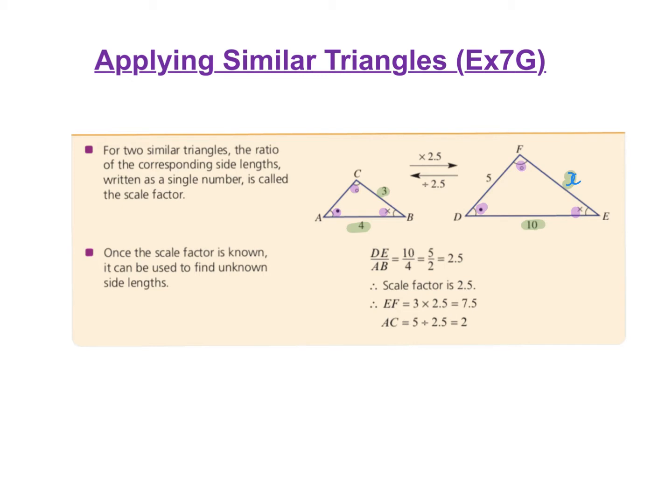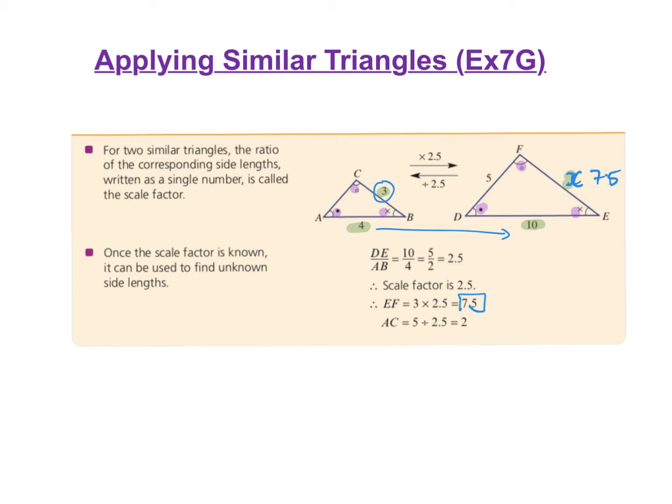If I was trying to find out what this side I've labelled X is, because I've got the 3, I know that 4 was timesed by 2.5, so I could times 3 by 2.5, and that will tell me this side over here would be 7.5.